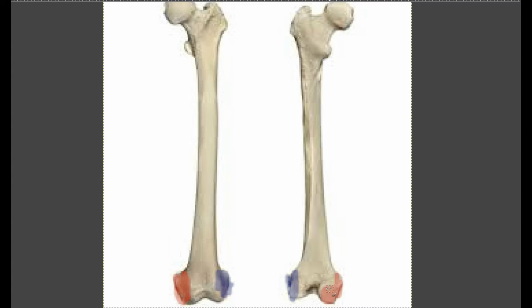Now this is going to bring us into our next thing: what exactly is the patella? Well, the patella is the bone that is in our knee. So if we touch our kneecap, our patella is our kneecap. Our kneecap is that big bone that helps with the articulation of the knee joint here, which we'll see later on.